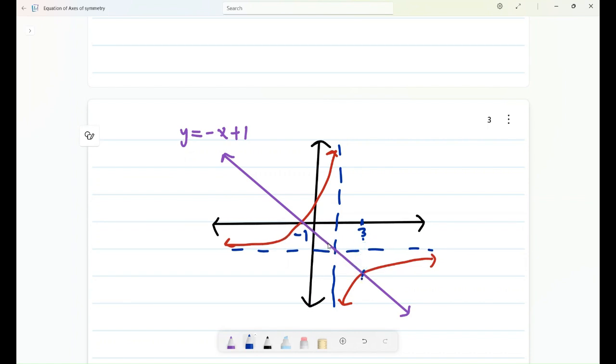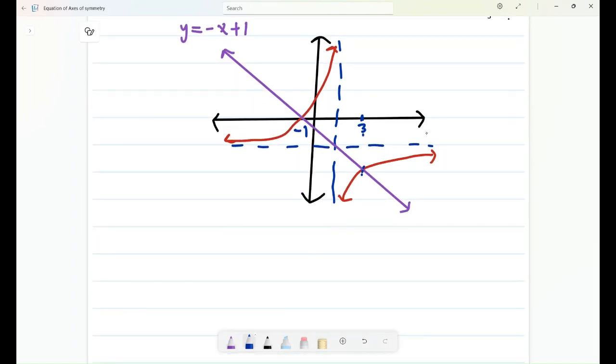All right, there are these questions that the examiner likes to ask.